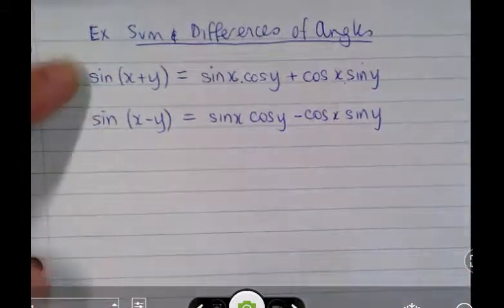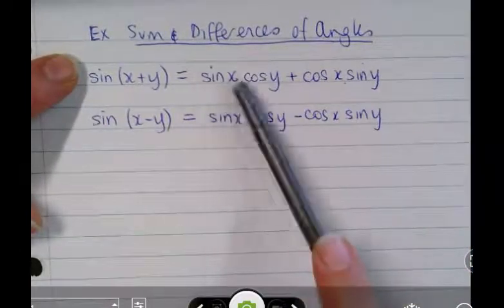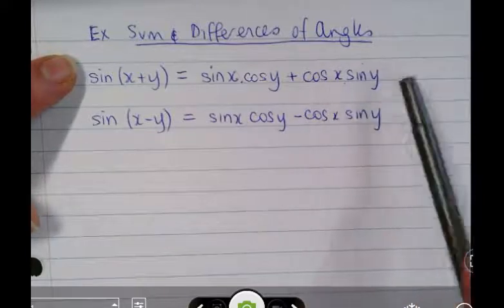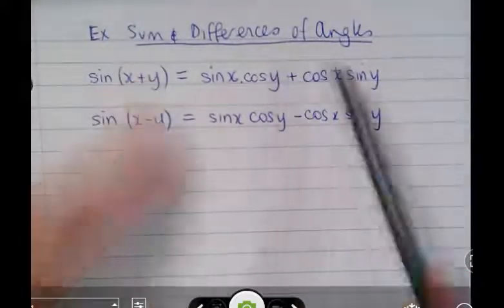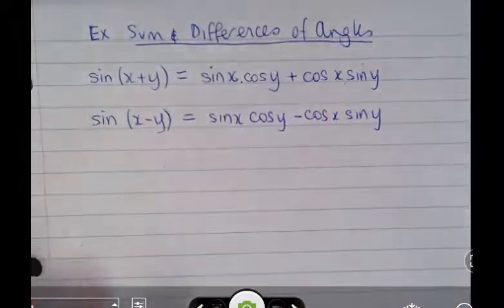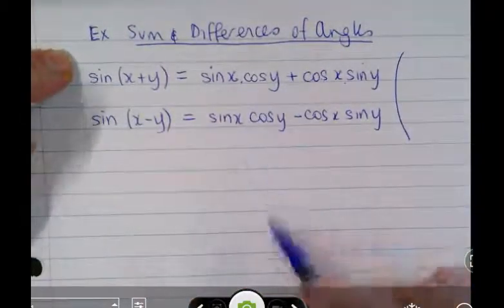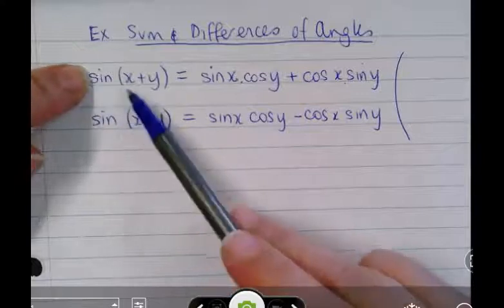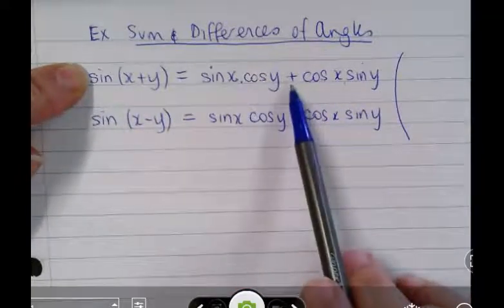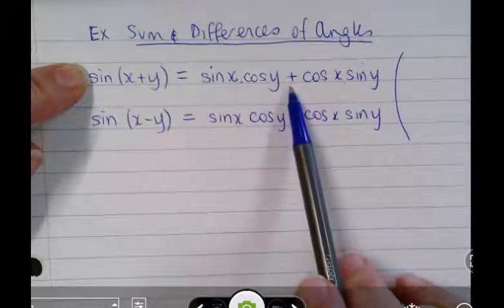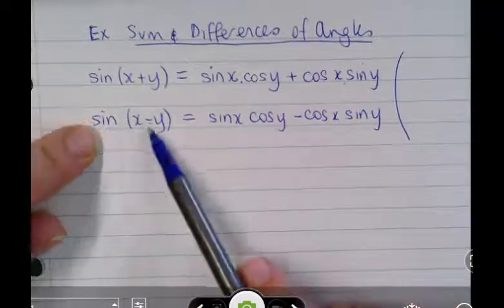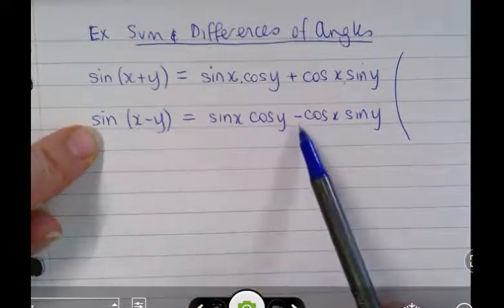So with the sine one, you've got one of each: sine x cos y plus cos x sine y. But you've got to remember which one's plus and which one's minus. The way I remember is, for the sine one, keep the sign the same. See how this is the sine of x plus y? This is a plus. This is x minus y. This has a minus.